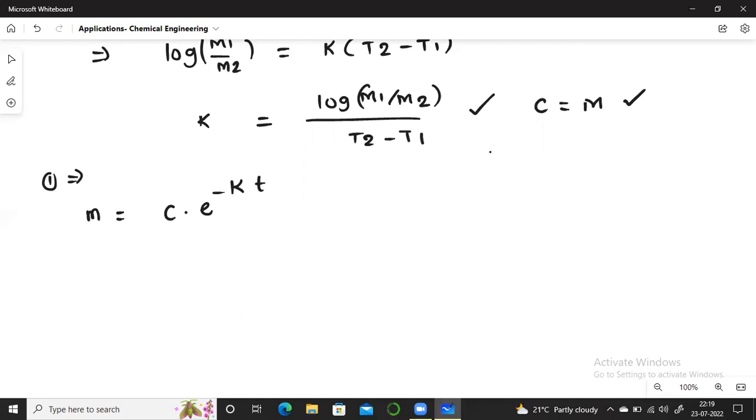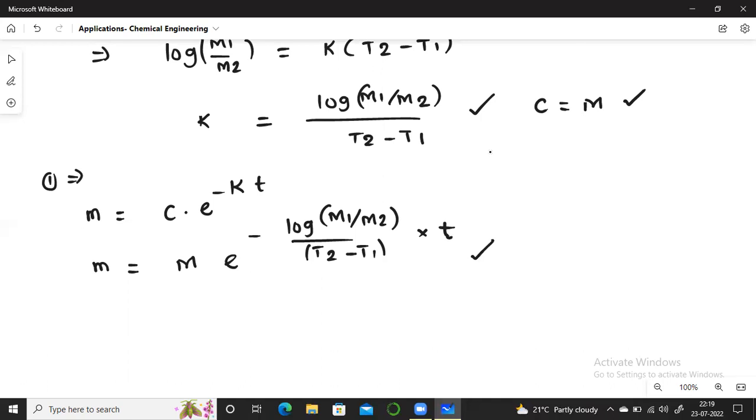Now small m is equal to c, we know it is capital M, e to the power minus k, and we know k is log m1 over m2 over t2 minus t1, into small t. So this is the final equation, I got it.